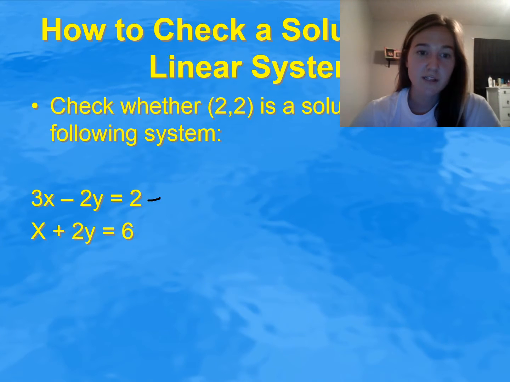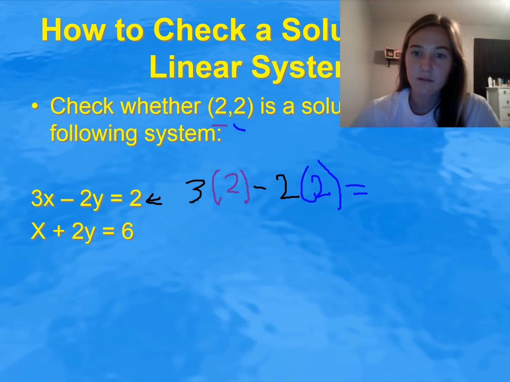We're going to plug it into this equation first. 3, and here's my x, so I'm going to plug x in here, minus 2y, and this is my y, equals 2.